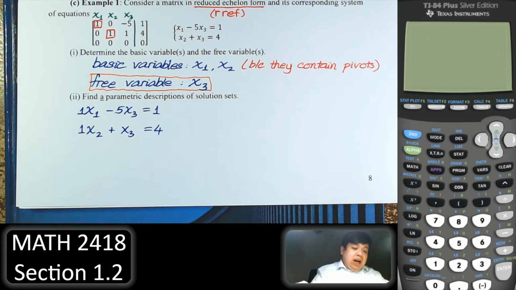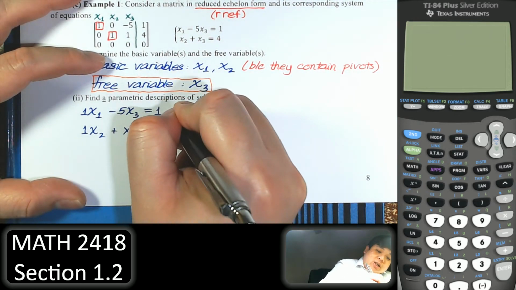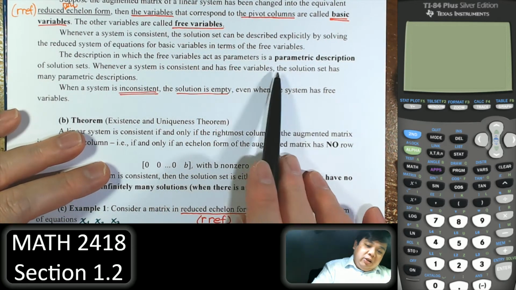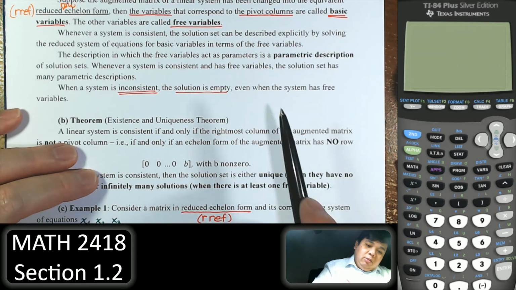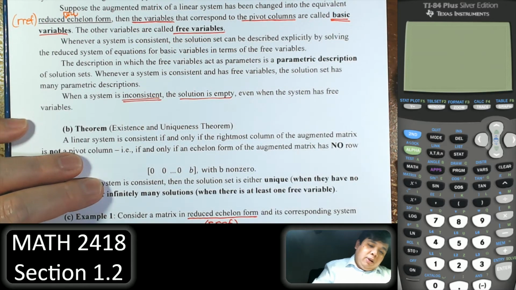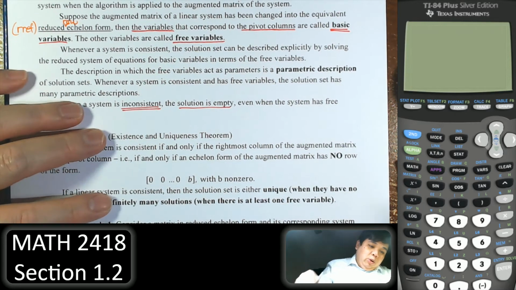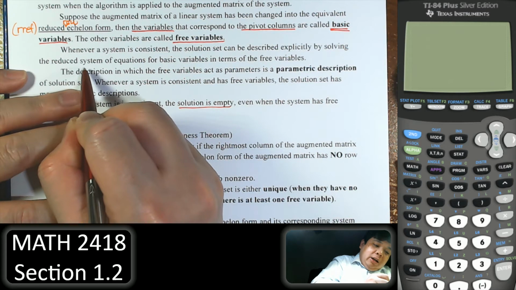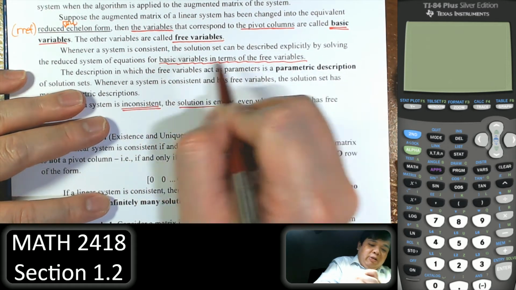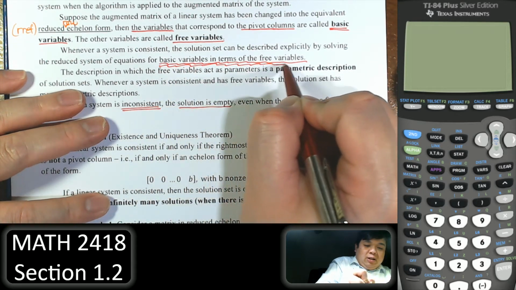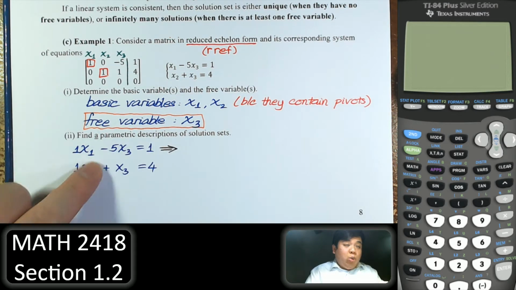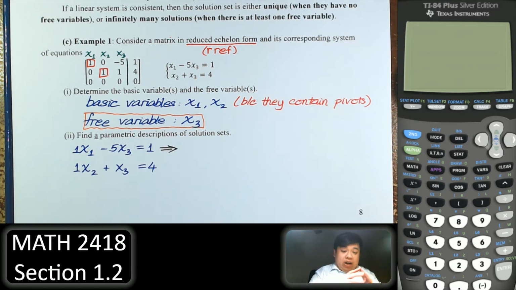So in that case, we're going to solve for the basic variables in terms of the free variable. That's exactly what we do here. x3 is free, so we write everything in terms of that free variable x3.